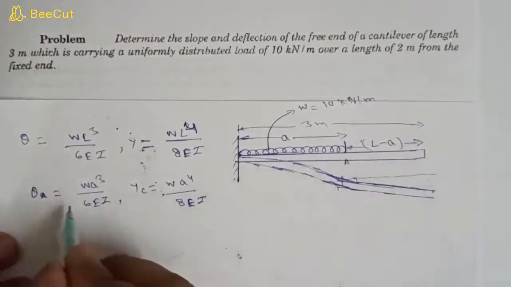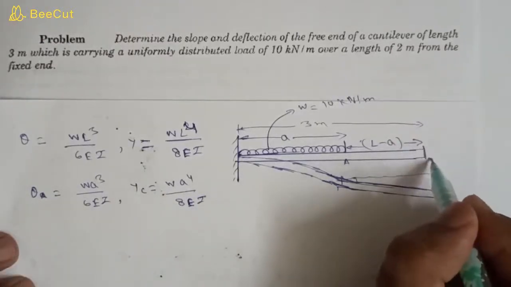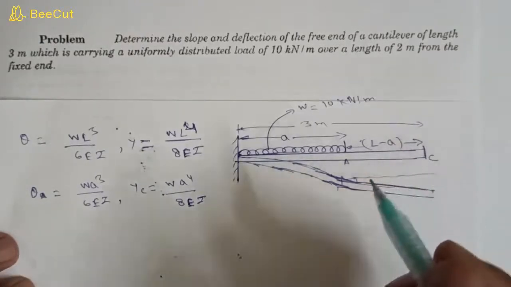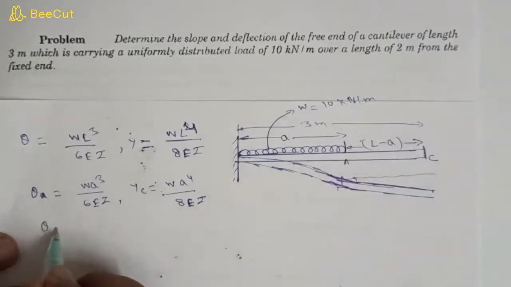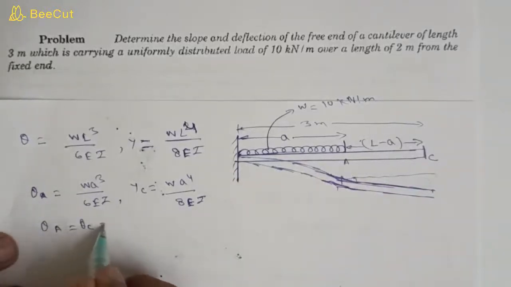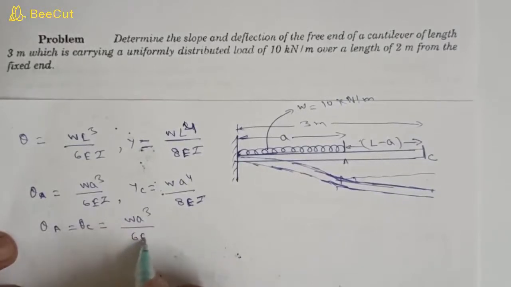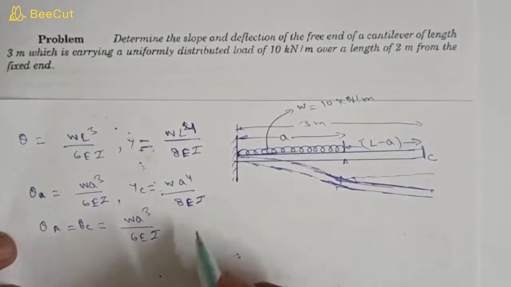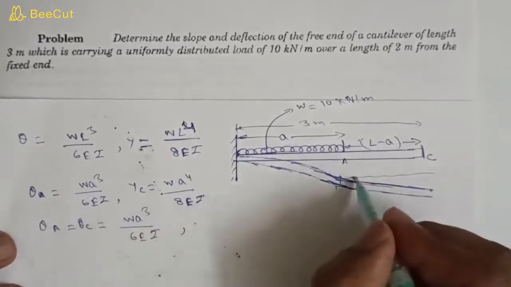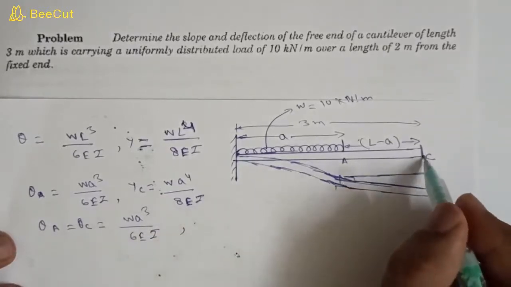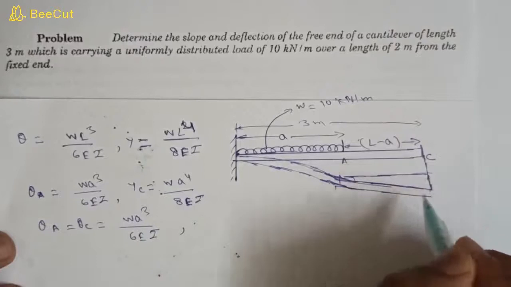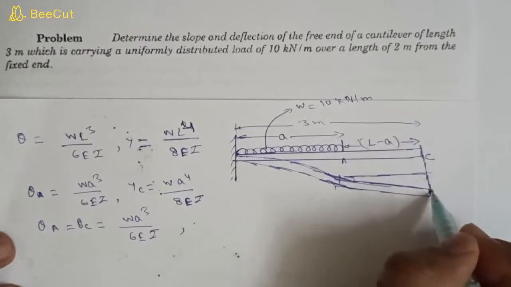So the slope will be the same at the free end. Suppose this is C. If you want to find the slope at the free end, then theta A is equal to theta C is equal to WA cube upon 6 EI. Slope will not change. Now suppose we want to find the deflection, then we will draw a straight vertical line from here and we will join it to the beam.